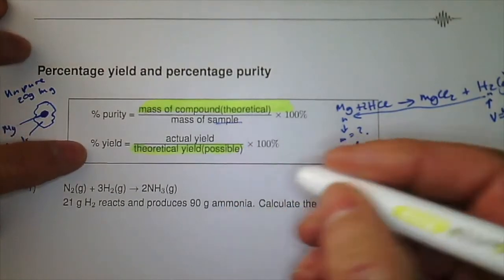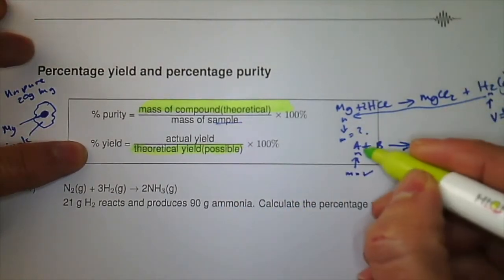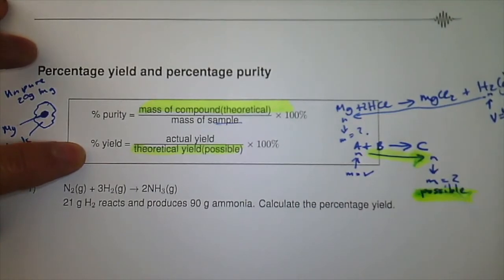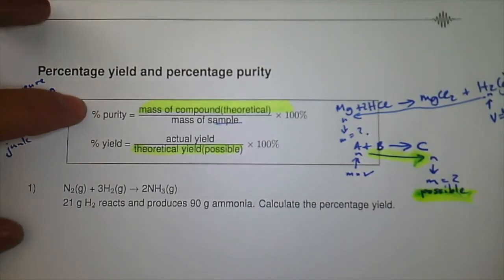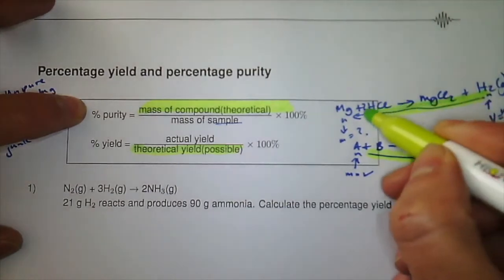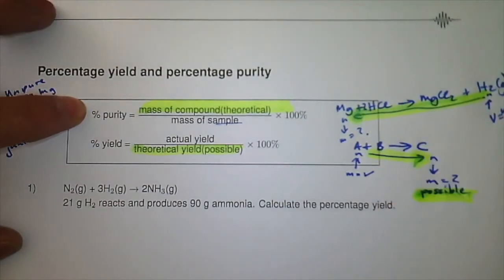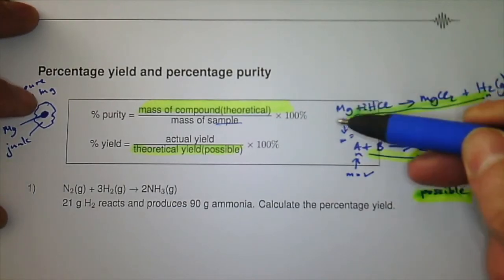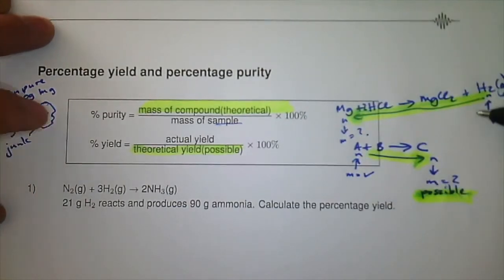So with percentage yield, you're going to work from left to right because you work out what is possible, right? While with percentage purity, you're going to work back because you did this experiment to determine how much magnesium was present, because only the magnesium could produce the product.